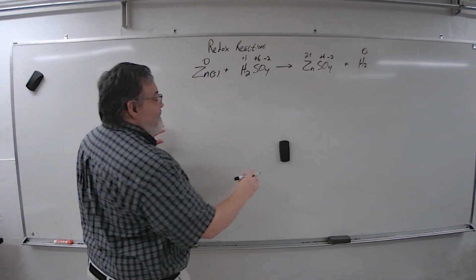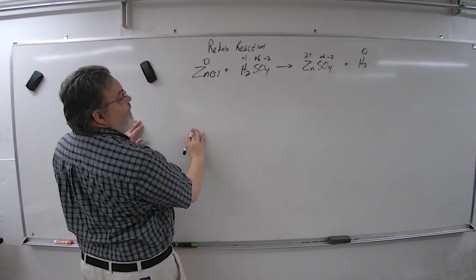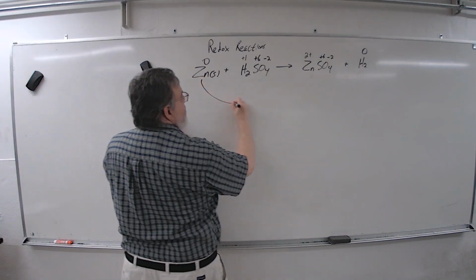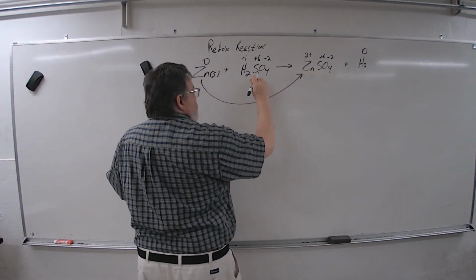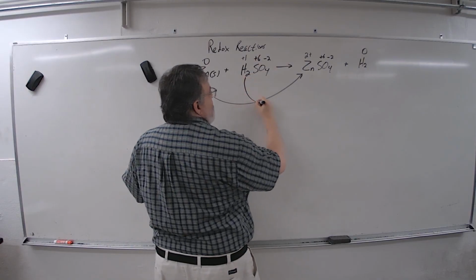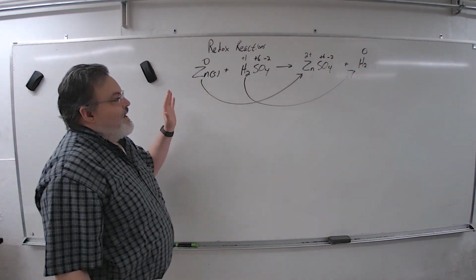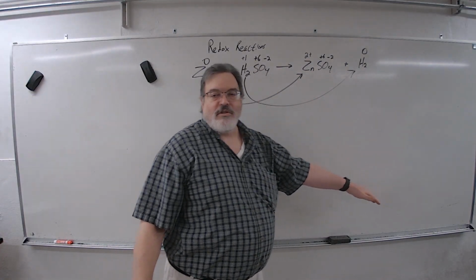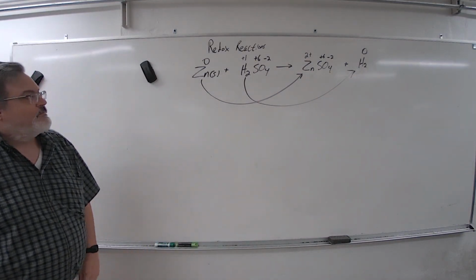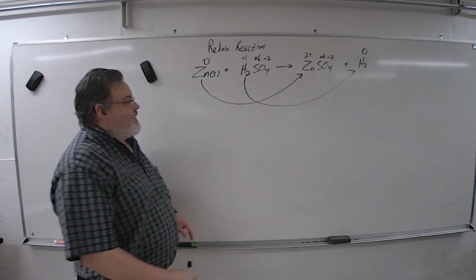We just went over all this at 1211, still screwing up. Okay, zinc to zinc. The sulfur and the oxygen stay the same. Hydrogen to hydrogen. Okay, which one of these goes down in charge across the arrow? H. So that one is reduced.